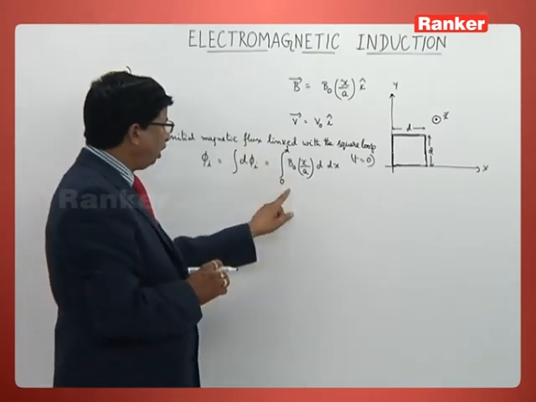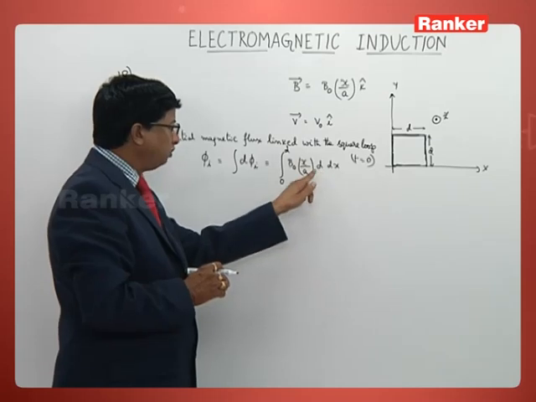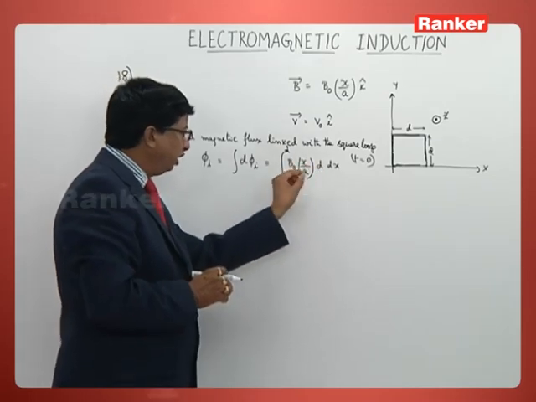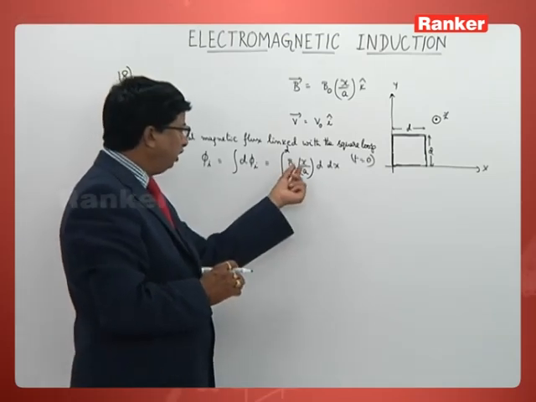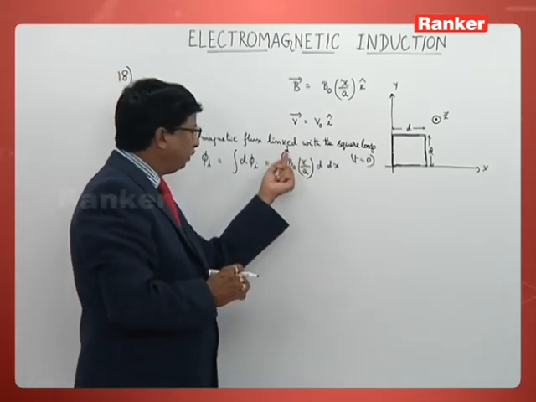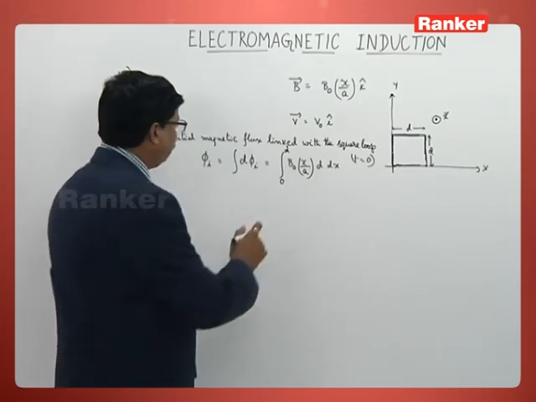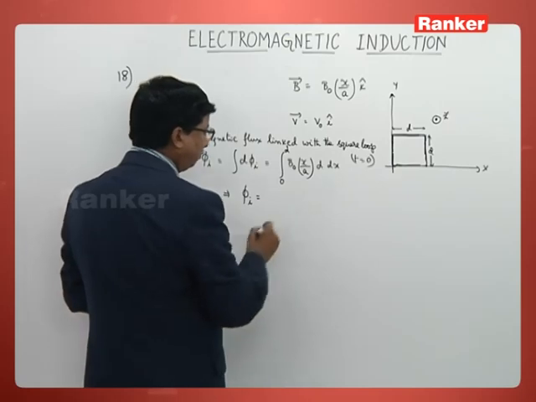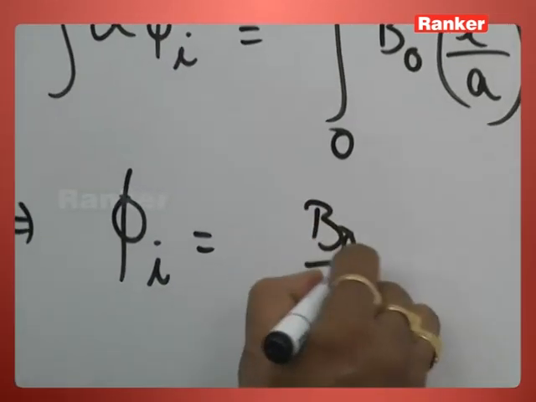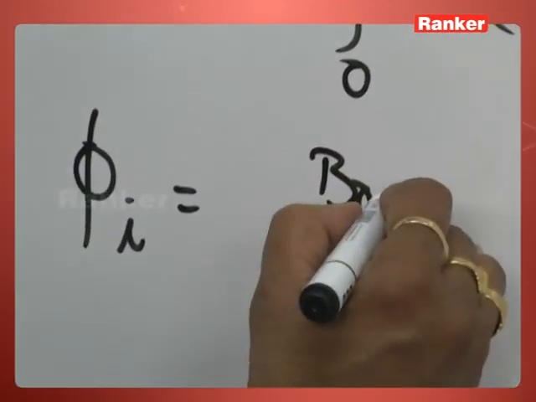So when I take this up, this now becomes d square by 2. Then of course you can write directly x square by 2 means that now becomes d cube here. So what will be this value now? Phi I now becomes B naught by A into d.